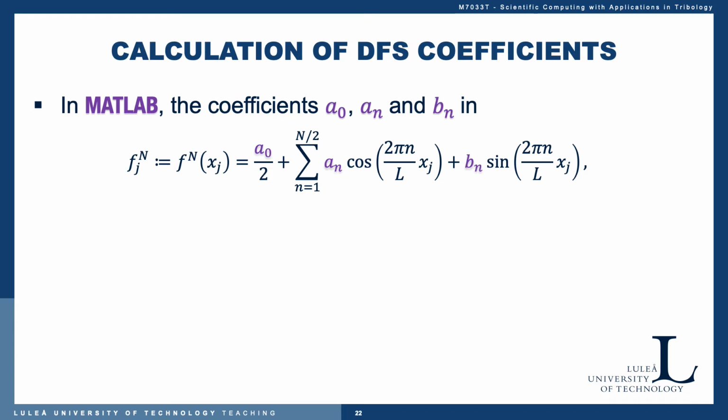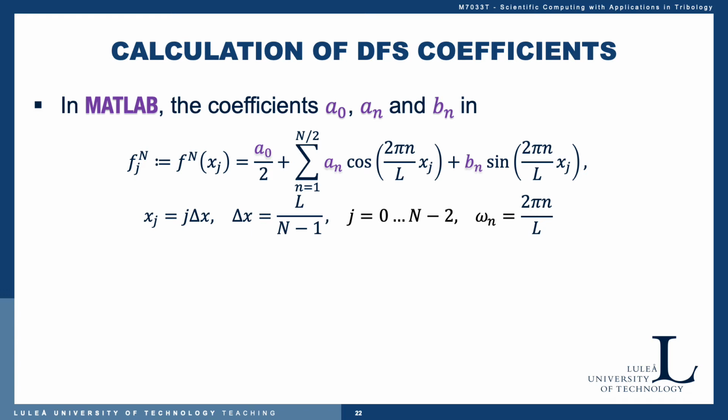So we have the series, we have x_j equal to j delta x, where delta x is the step size, which is defined as L over the number of elements, and L is the length of the periodic window, of course, remember. j goes from 0 to n minus 2, and omega n is already included in the series above, so don't bother.